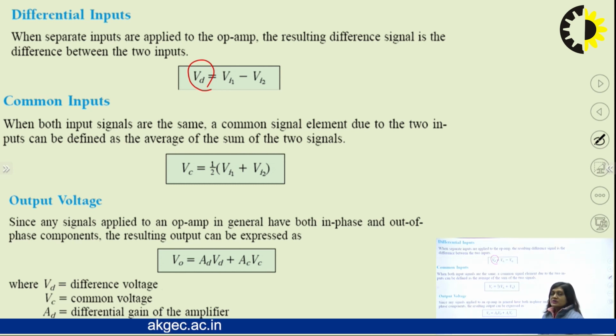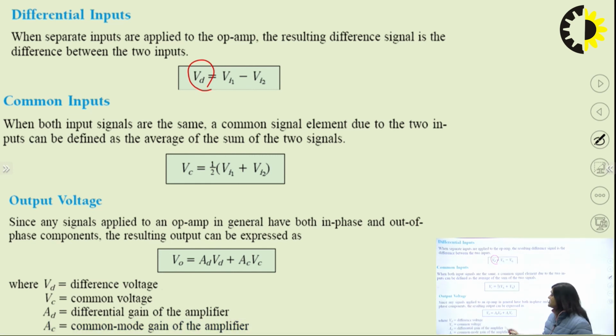And the output voltage will be given by both the differential mode gain and the common mode gain. So it will be the sum of AD multiplied by VD plus AC multiplied by VC, where AC is the common mode gain and AD is the differential mode gain, VD is the differential input signal and VC is the common mode signal.